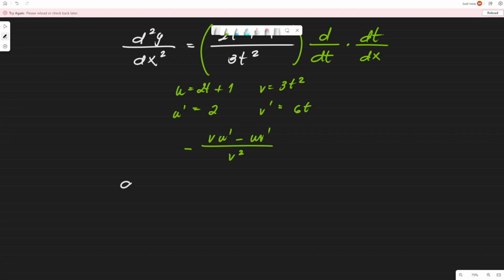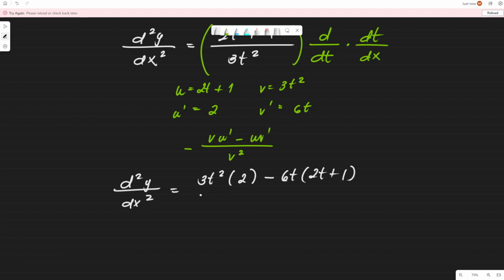So we'll have the second derivative is equal to 6t times 2t plus 1 minus u, that is 2, times, sorry, not 6t, but rather 3t squared pala. Ba't baliktad? Sorry, ayusin natin. So, v, that is 3t squared, times 2, minus 6t times 2t plus 1.